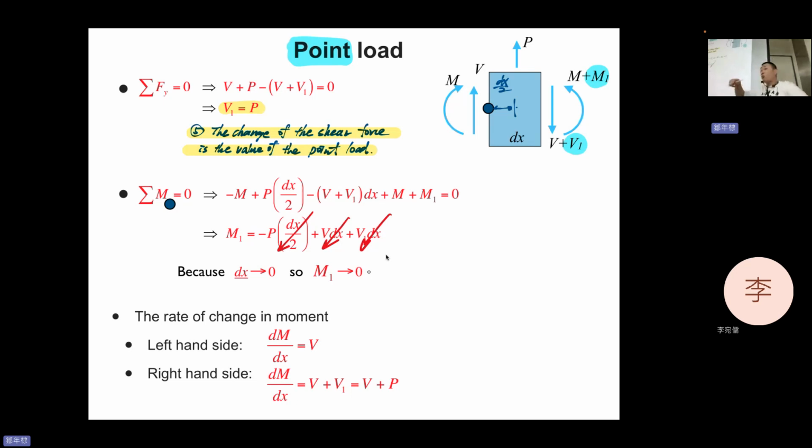So you will have an area underneath, and then you will change the M. So you see, V needs an area to change the M. If there's no area change, there's no change of the moment.